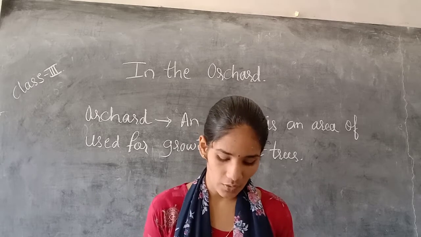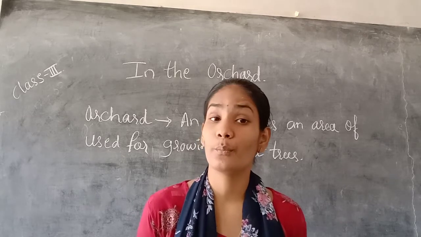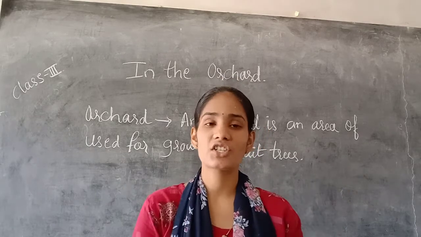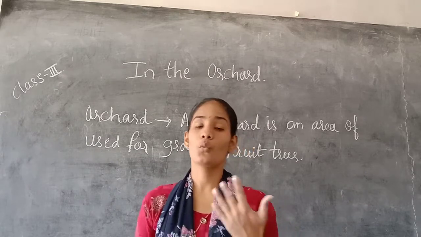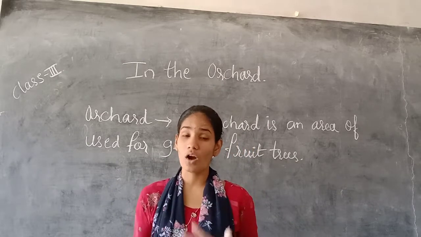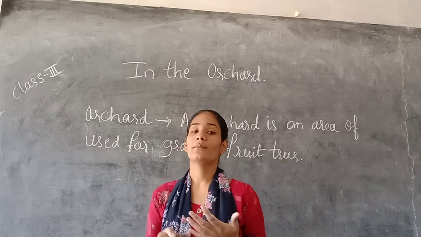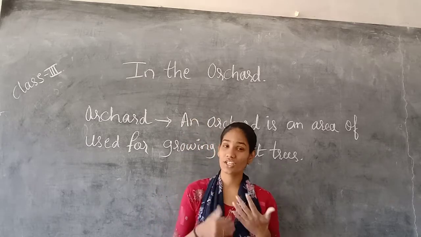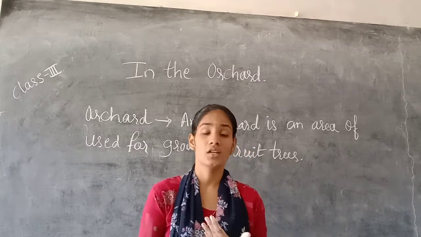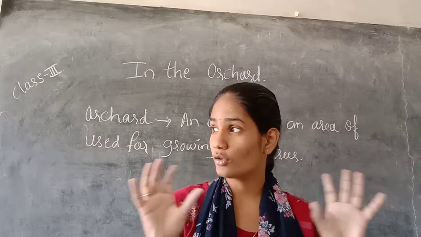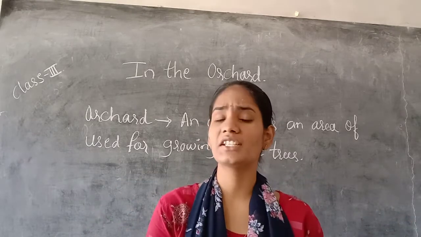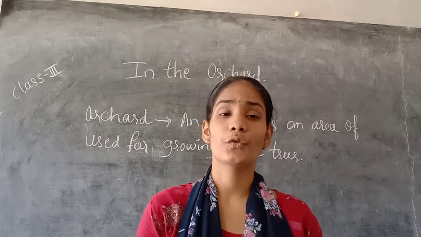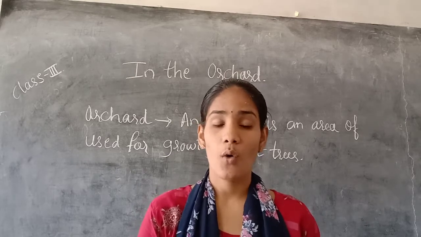Now we cannot leave those fruits on the tree only. Why? Because we have grown the trees to get the fruits. Now the tree is filled with fruits, so we want to take the fruits. So what do we have to do?